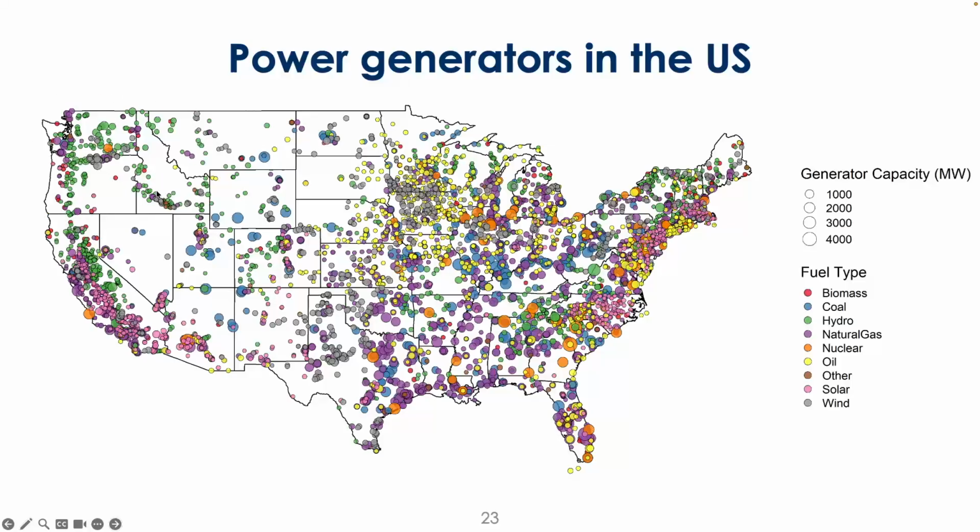Oregon and Washington are well known for having a lot of their power coming from hydroelectric dams. Ideally, we could do that everywhere, but that is more of a resource-constrained power generation unit. You have to locate them on these bodies of water that may not exist everywhere in the country.